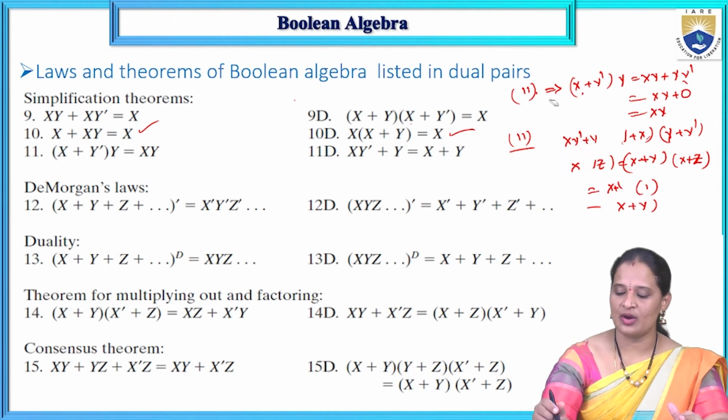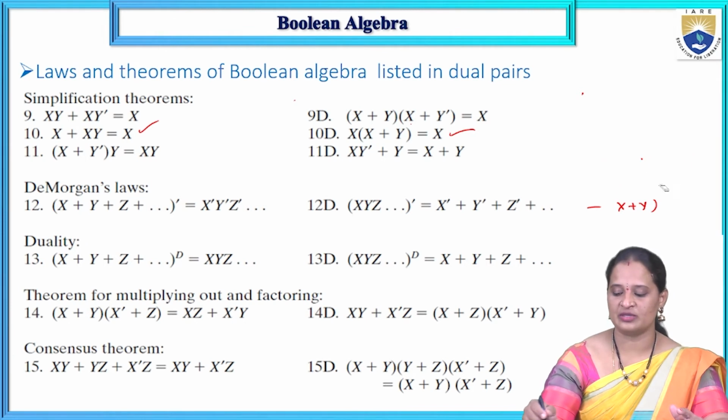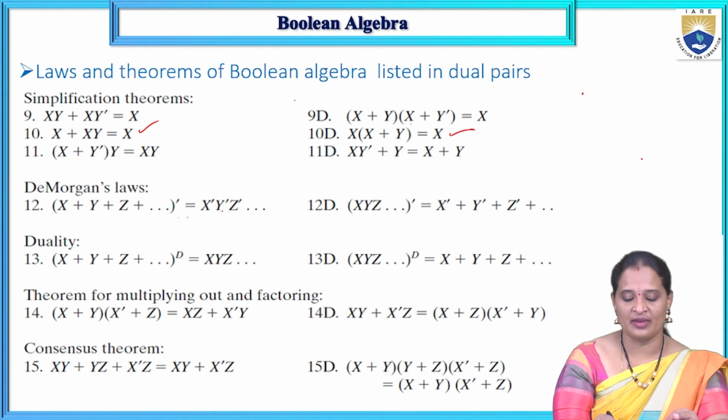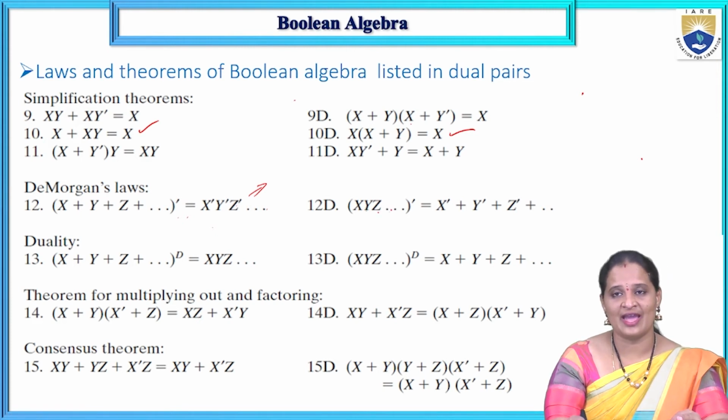So this is about the basic theorems and their proofs. Now let us see another, very important theorem of Boolean algebra, that is De Morgan's theorem or De Morgan's law. The complement of x plus y plus z and so on is equal to x complement, y complement, z complement. And the complement of x, y, z and so on is equal to x complement plus y complement plus z complement and so on.